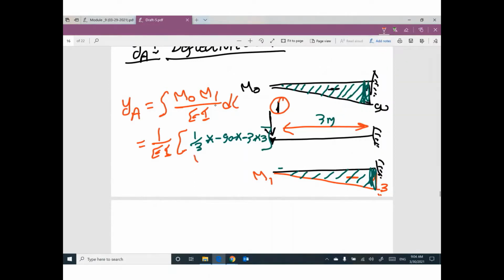Your value will be positive, I think. It will be 270 divided by EI. This is the deflection at point A.